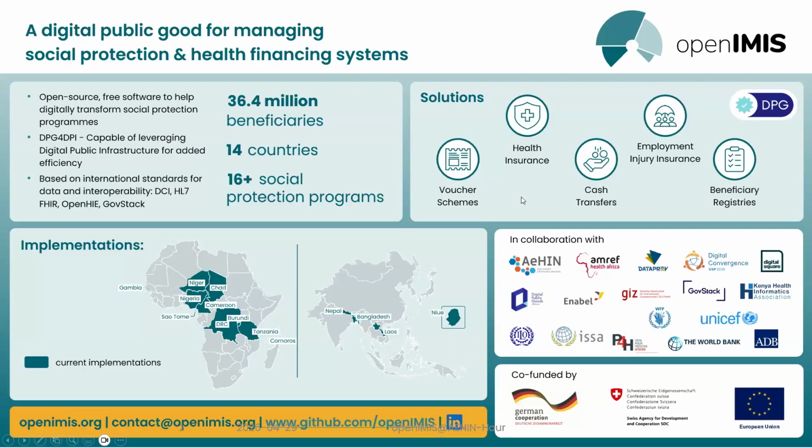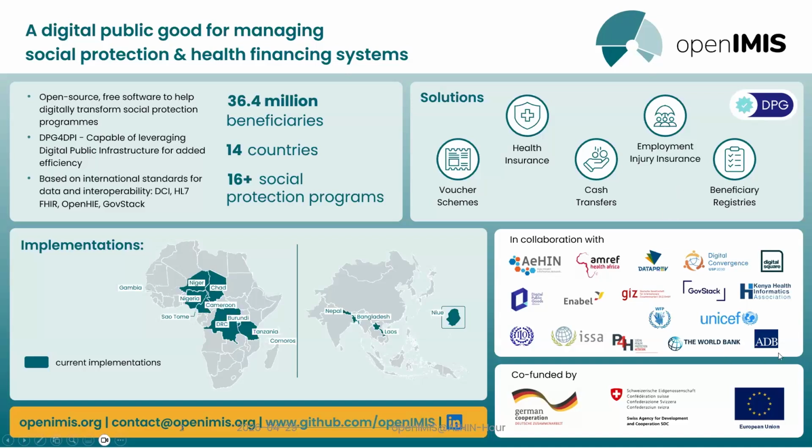And we have solutions around voucher schemes, health insurance, cash transfers, employment injury insurance. We're going to see that example from Mr. Hasanuzzaman, and beneficiary registries for social protection. So there's a variety of use cases and tailored solutions, and we'll talk about the mechanism briefly.